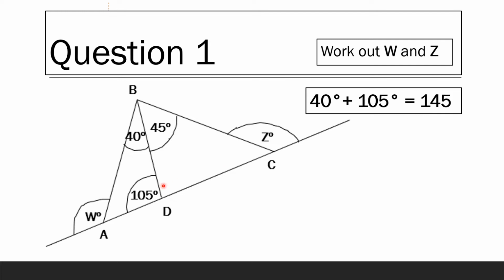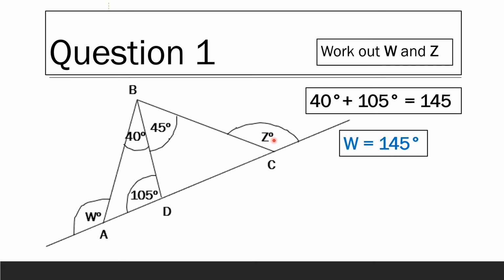And we know that in order to find the exterior angle of this triangle, we need to sum up the two interior opposite angles, which are these. So when we sum them up, we'll get 145 degrees. So W is 145 degrees.